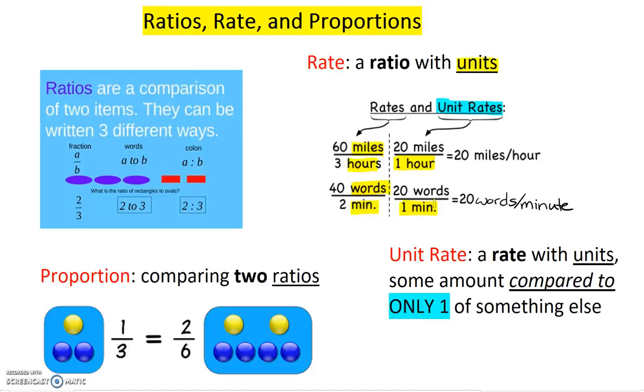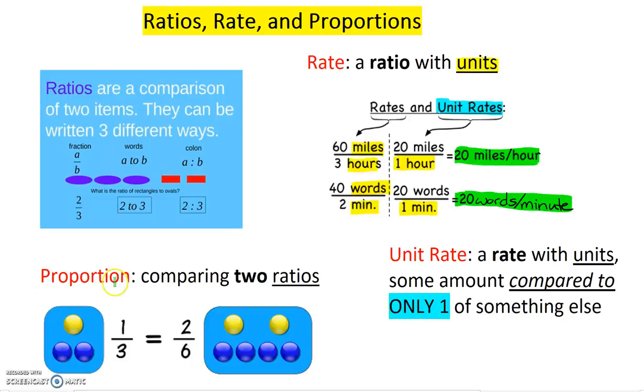When you go to the grocery store, they give you a price. How much is the cereal? $5 per one box. Now, when you see this written out, a lot of times you'll see it like this: 20 miles per hour, 20 words per minute. And those are unit rates, okay?